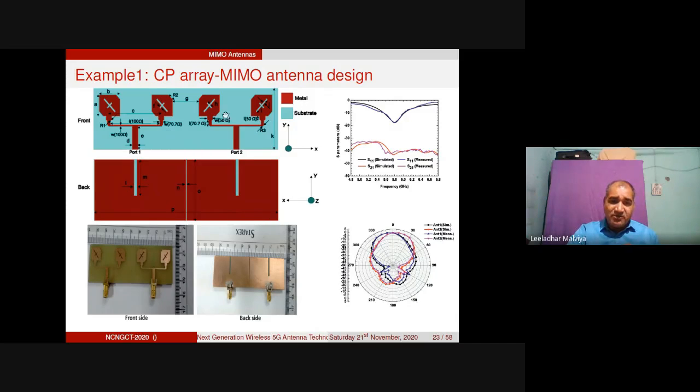So if you control the phase of this power divider arm, definitely you can steer them to plus 45 degrees, minus 45 degrees, or any direction you can cover, right? So MIMO is a strong candidature in case of the beamforming in the 5G, right? So arrays as well as MIMO are capable of doing the beamforming.